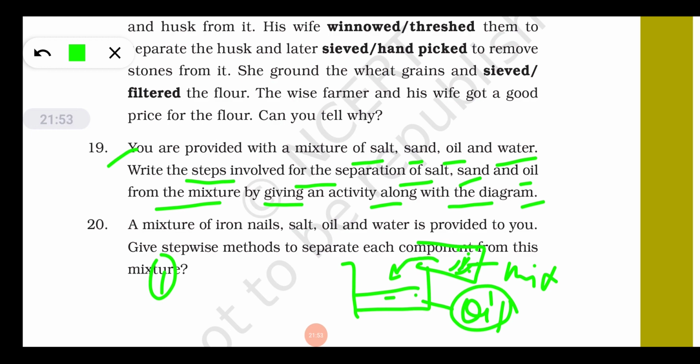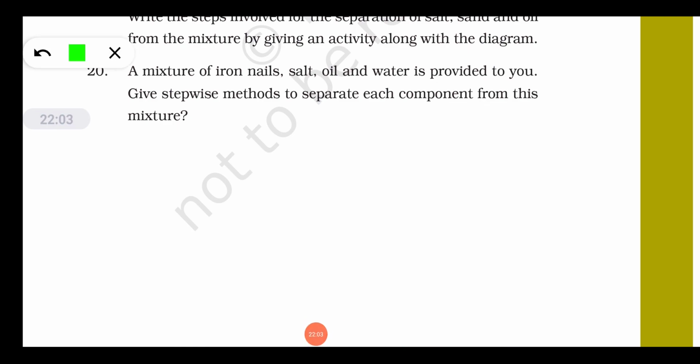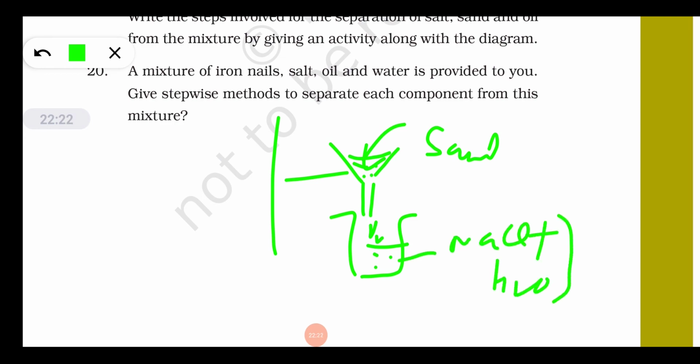Now in the second step you will filter the mixture. The sand will be separated and filter will contain salt solution, and for that we will draw the diagram like this. Okay, you will take a funnel, you will take beaker, and sand will be trapped in the filter paper, and below you will get NaCl, salt and water solution.